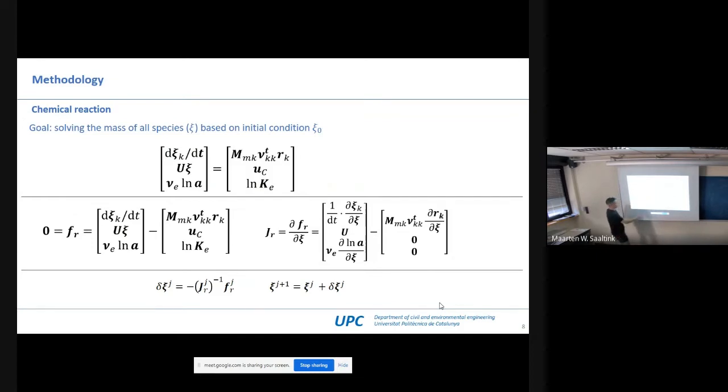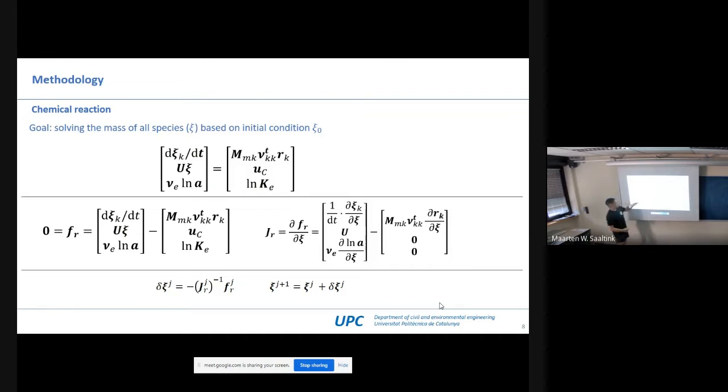If we get the Jacobian matrix, we can get the change of the mass of all the species, and we can update it based on the initial guess.